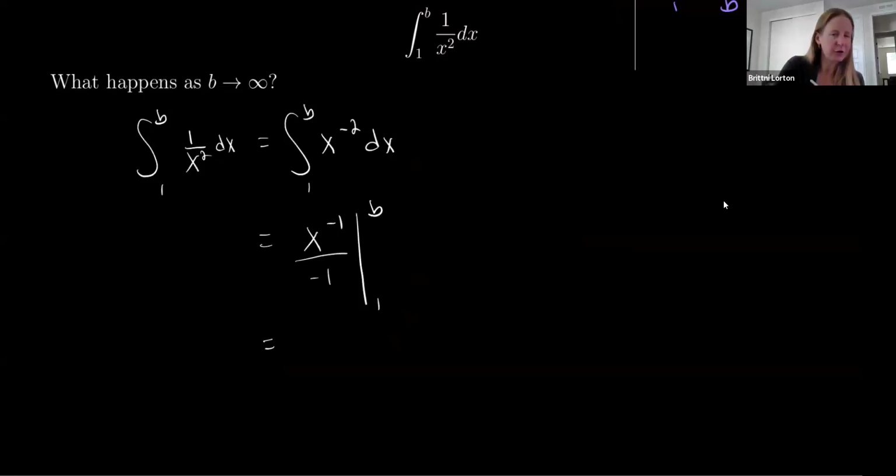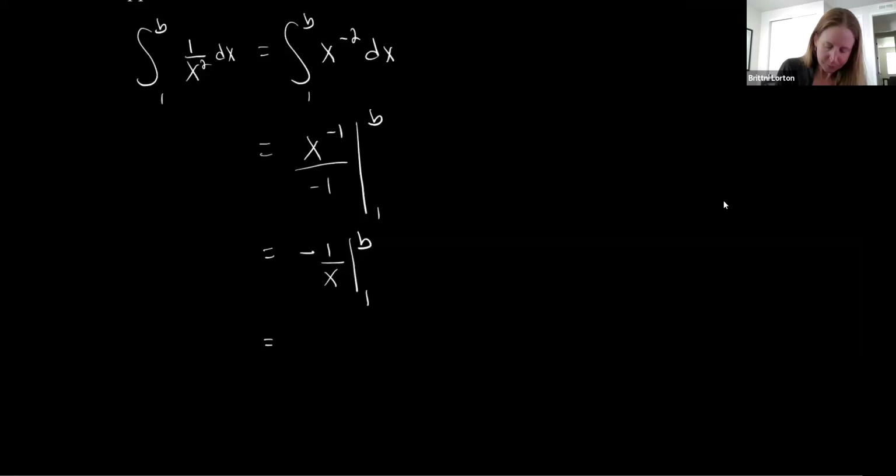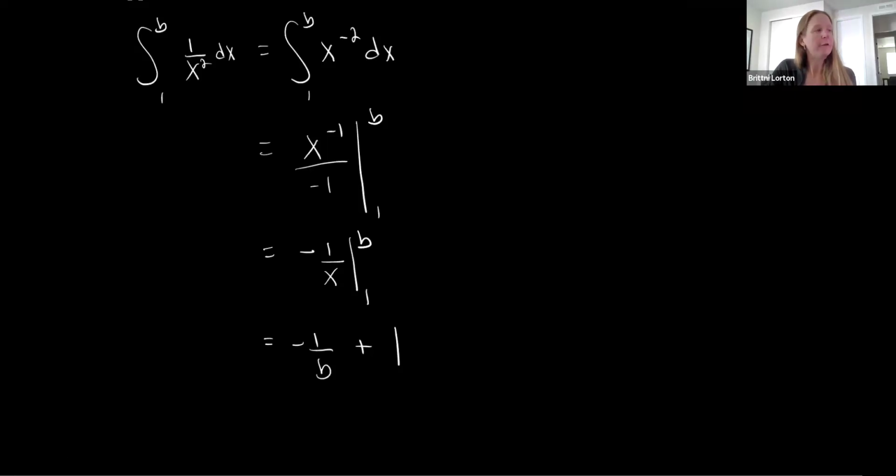So this is negative 1 over x evaluated from 1 to b, which becomes negative 1 over b minus negative 1 over 1. And of course, 1 over 1 is 1, and two negatives turn into a positive. So I end up with negative 1 over b plus 1.